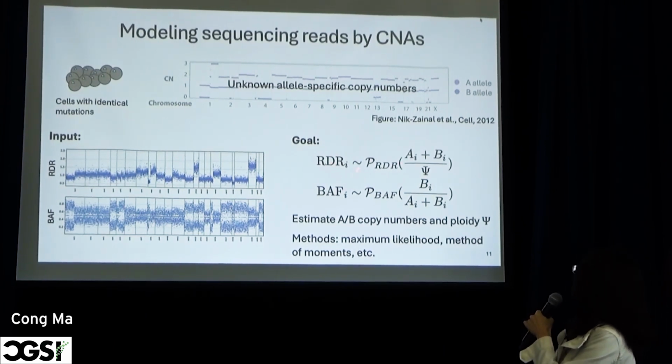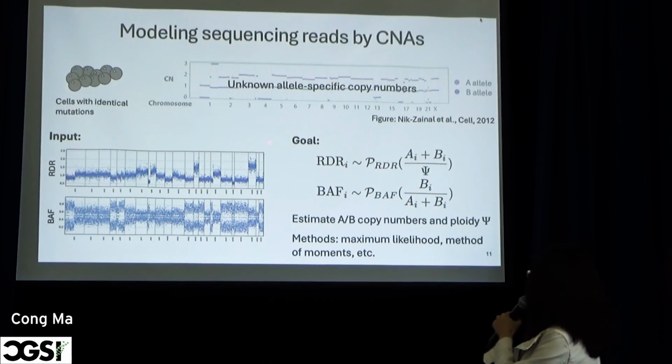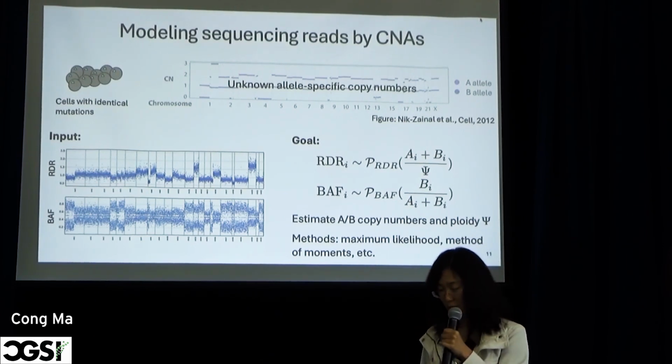In this way, we know how RDR is related to the copy number and how BAF is related to the copy number. And we can also impose some distribution assumption on this relationship, and then inferring the A and B copy numbers becomes a parameter estimation problem under this probabilistic model.